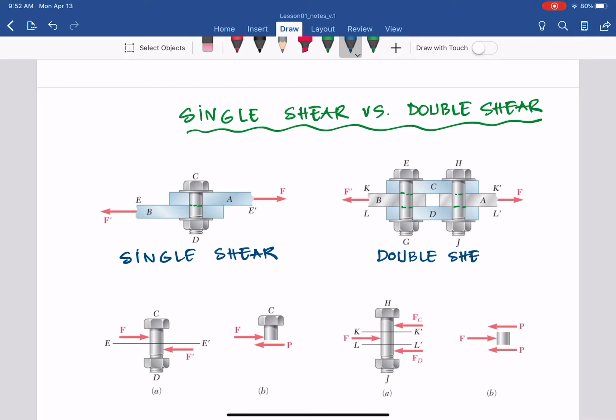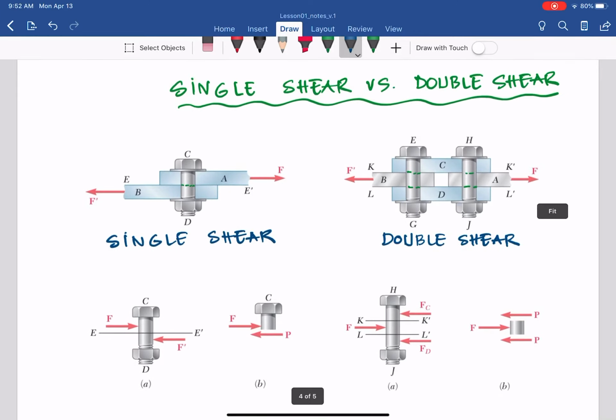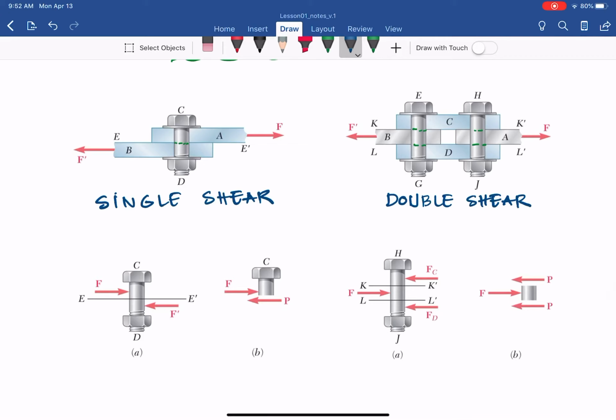So what is the difference between the single shear, where the force applied creates a shear on the bolt CD on the left, and the double shear, where it is applied on the bolt EG or HJ on the right? Let's work on the free body diagram of the bolt. If we separate the bolt CD on the left, you have F and F apostrophe in that direction.